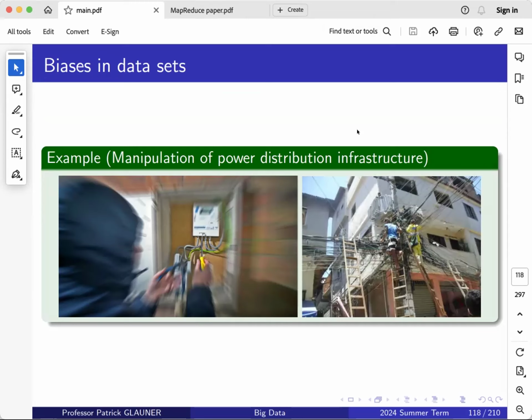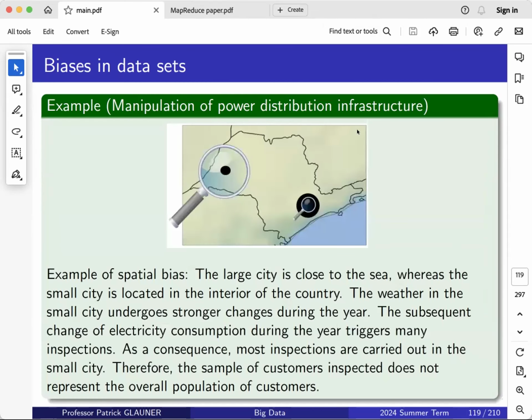The work was on building a machine learning model that could detect electricity theft better than those previous expert systems that the industrial partner used. And I started to come across the issue of biases. I'll describe this now with a simplified example.